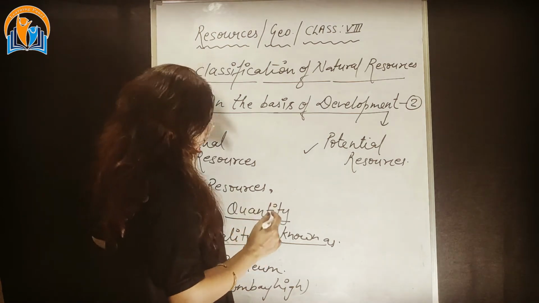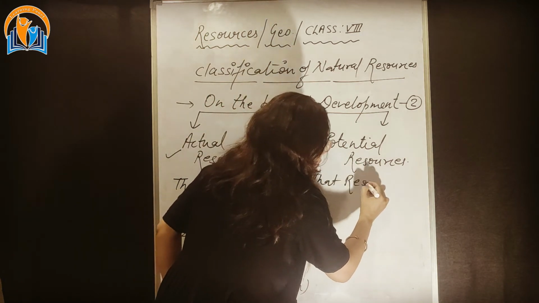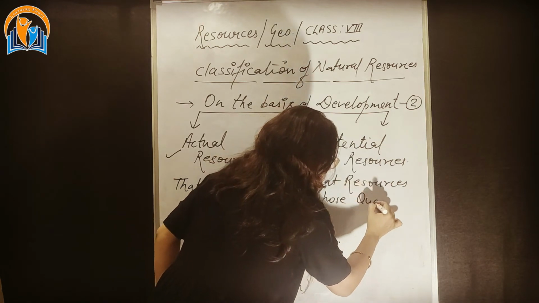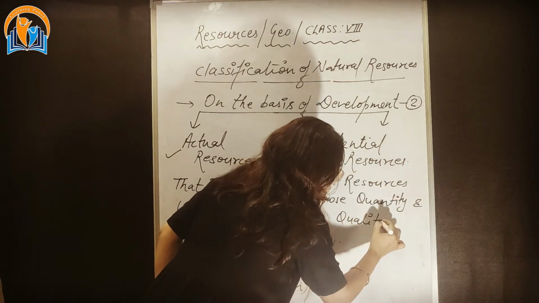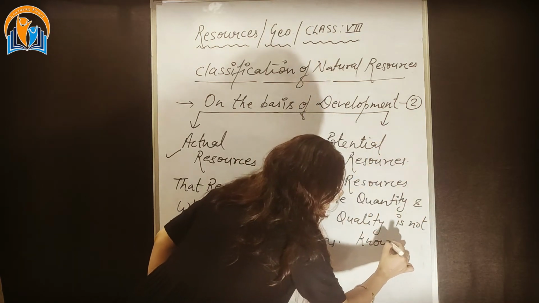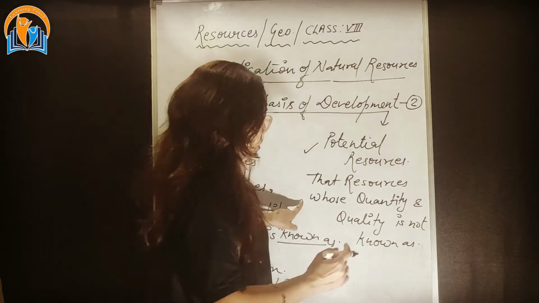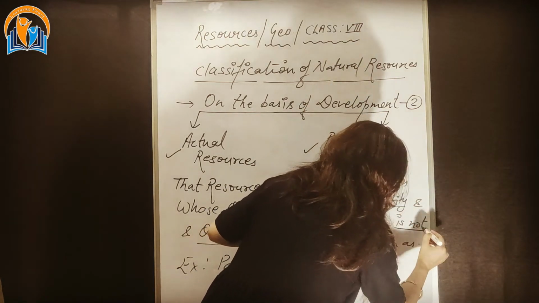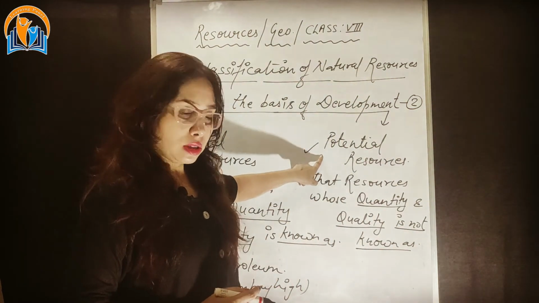In a single sentence, I just mentioned here that resources whose quantity and quality is not known, right? Those resources whose quantity, underline, and quality is not known are called potential resources.